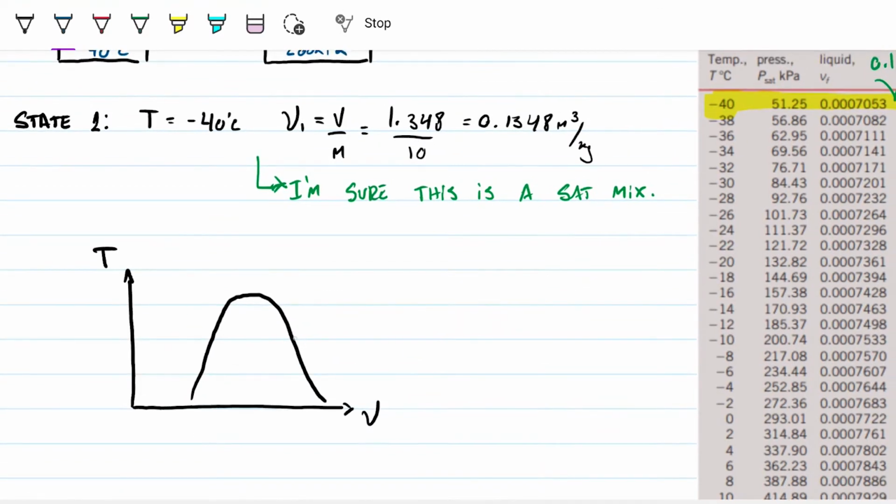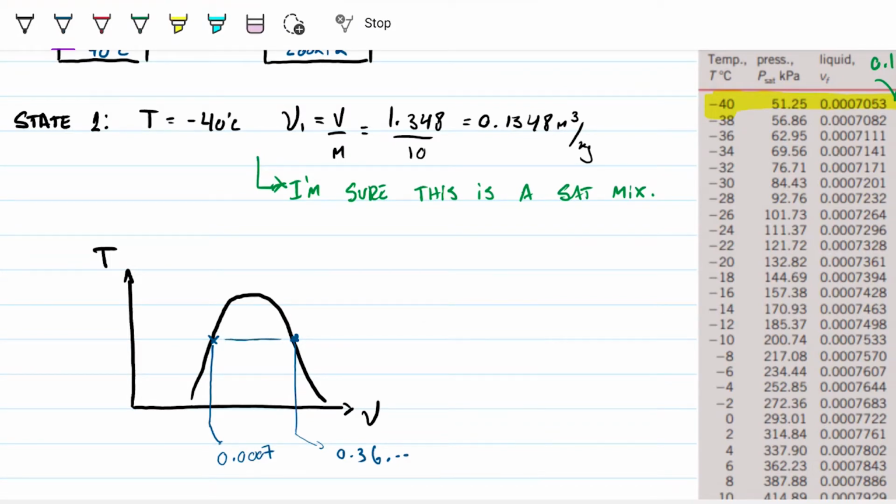Right here on the edge, the specific volume would be 0.36 something. If I were to read the specific volume over here on the left-hand side, this would be 0.0007 something. And because my value is 0.13, I know it's going to fall here in the middle.